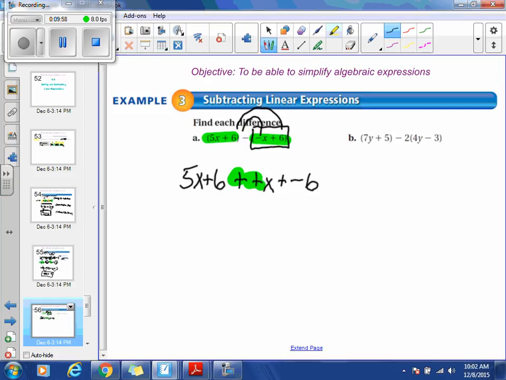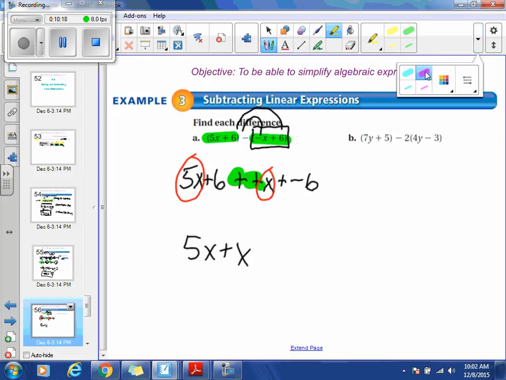So now I will use the commutative property to move my like terms by each other. So I'm going to do this. I have 5x's and another x. So we're going to make that 5x plus x. Then we have 6 positives and 6 negatives.